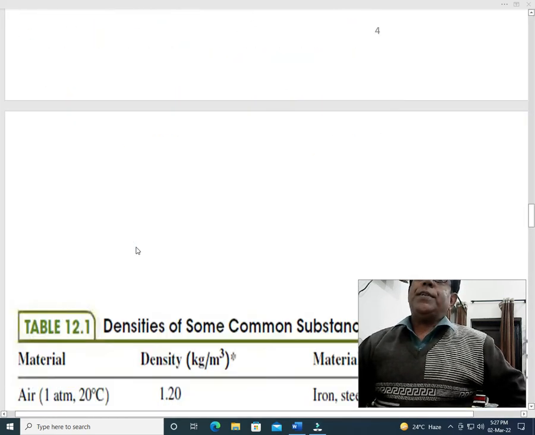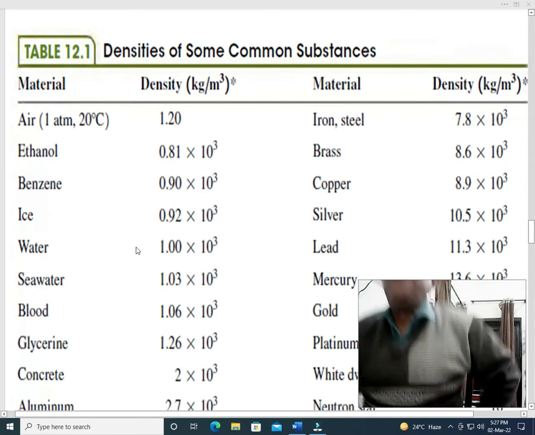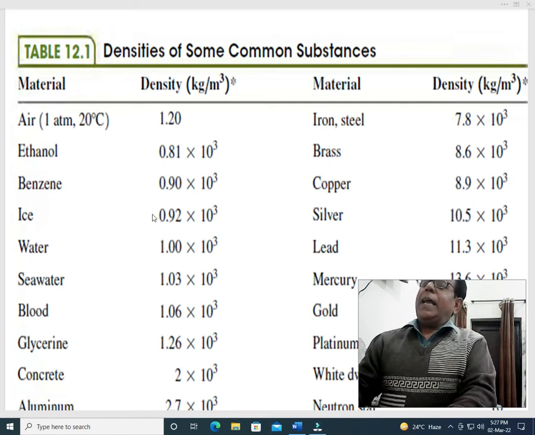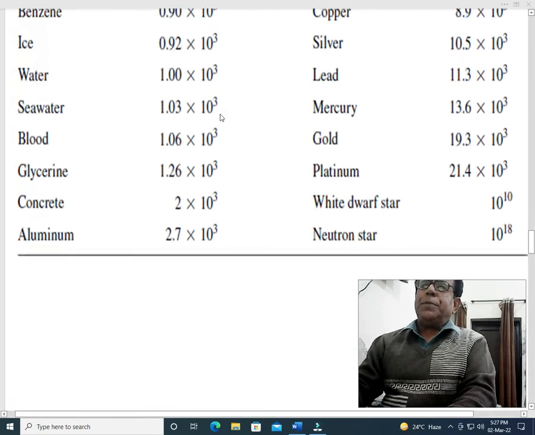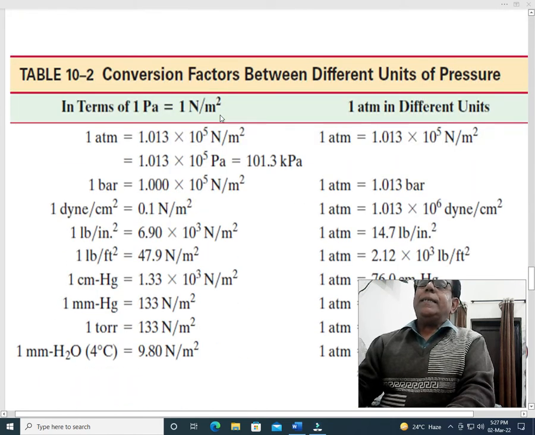Now, dear students, this is the table of densities which we have shown many times in our previous modules, and here once again as a formality it is being shown. Water, 1.00 into 10 raised to the power 3 kilogram per meter cube has been used. Next table is the conversion factor between different units of pressure.